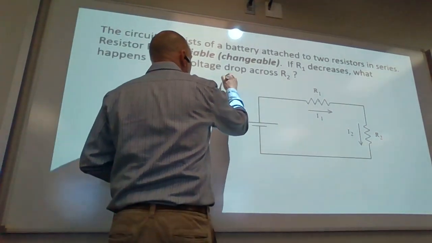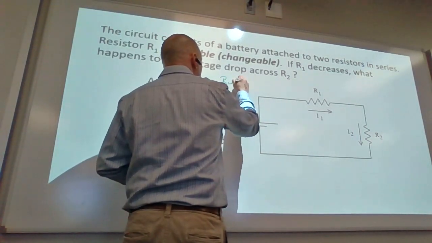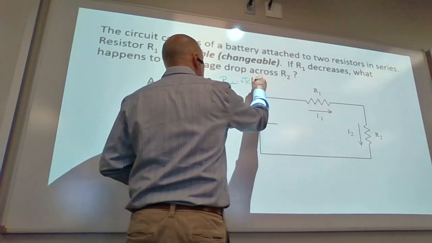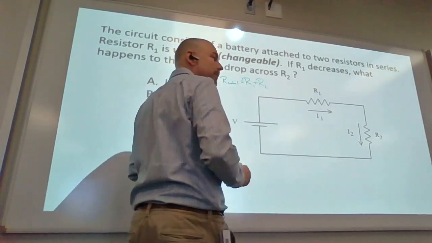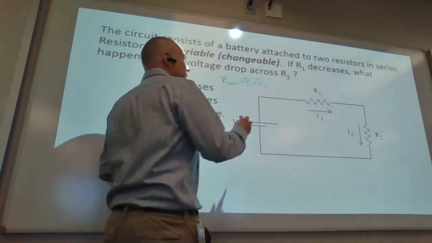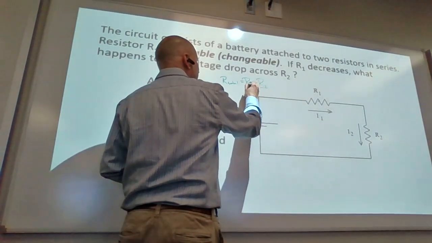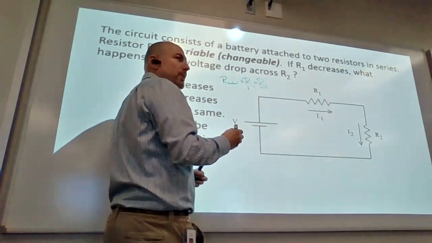So we know that the total is equal to the sum of the two resistors. So this is staying the same, but as this goes down, the total resistance goes down.